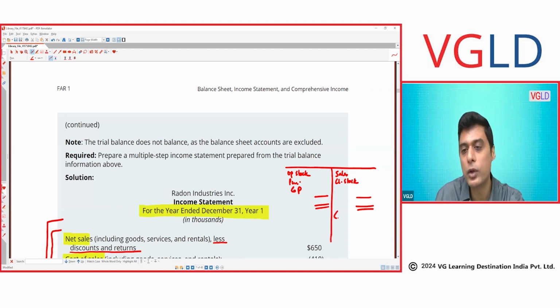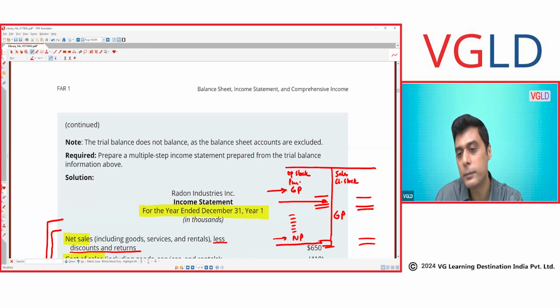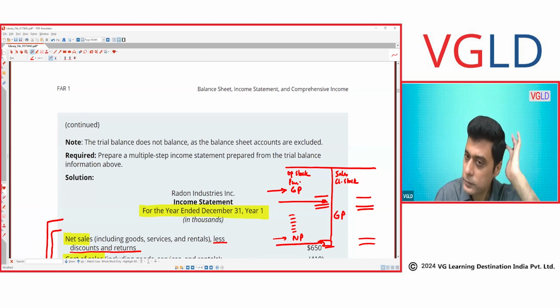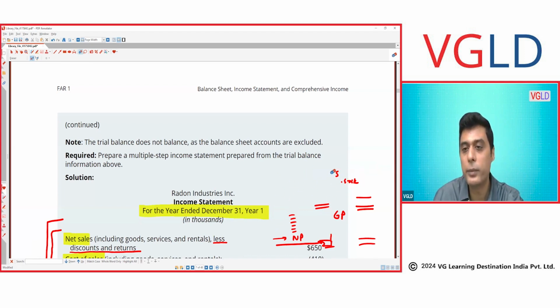The gross profit would go here, and then you would have the other items of expenses in the profit and loss part, and then net profit, right? So here we are breaking the whole account into 2 parts, at the gross profit part here, and at the net profit part here. We are breaking it twice, whereas here, we are breaking it 3 or 4 times. That's why I was using the word breaking.